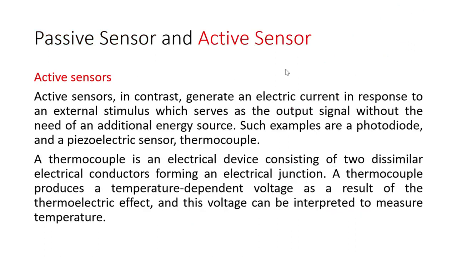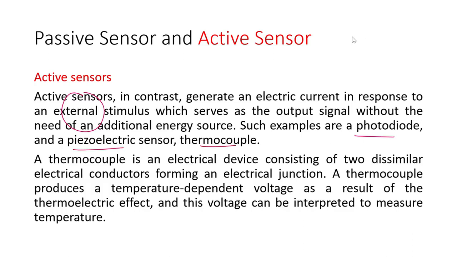Now coming towards the active sensor. Active sensors, in contrast to passive sensors, have their own energy, so an external stimulus is not required in this type of sensor. Such a sensor may be a photodiode or a piezoelectric sensor or a thermocouple.